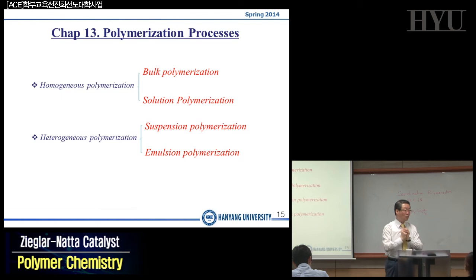Otherwise, it's too costly to manufacture this polymer. We cannot evaporate the solvent to the air, right? Because of the environmental issues and others. So we have to recover and reuse them. Otherwise, there might be a cost issue, an environmental issue, right? We cannot discard it to the air.